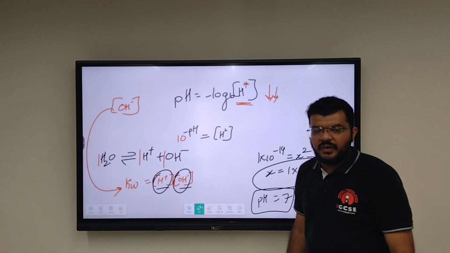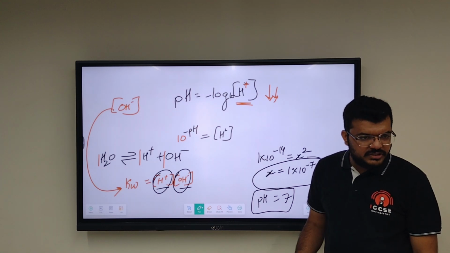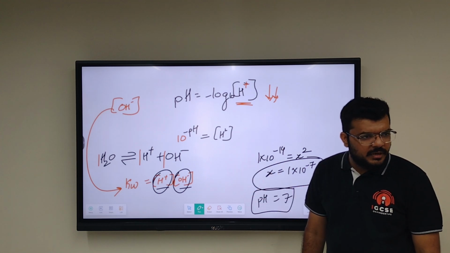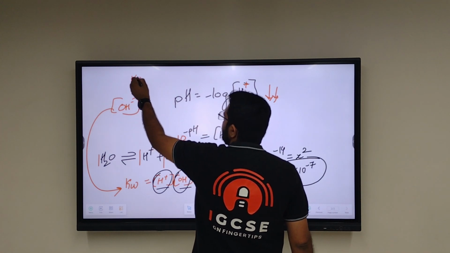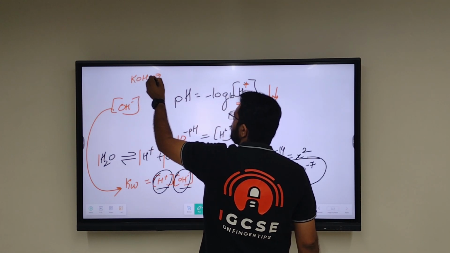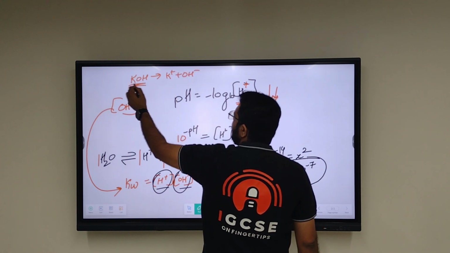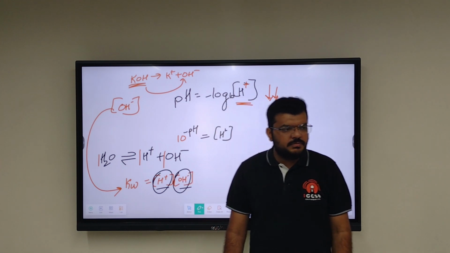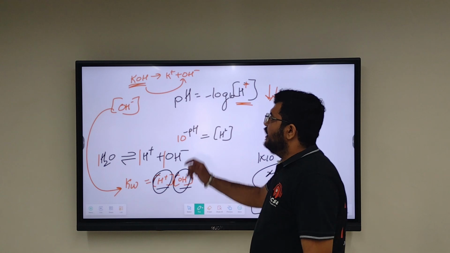Let's say I want to find the pH of potassium hydroxide, which has a concentration of, let's say, any number, right? KOH is a very strong base, so it will completely dissociate to K plus and OH minus ions. Whatever the concentration of this is, is also the concentration of OH minus ions. What will happen here?